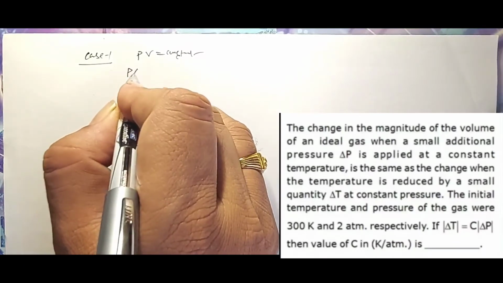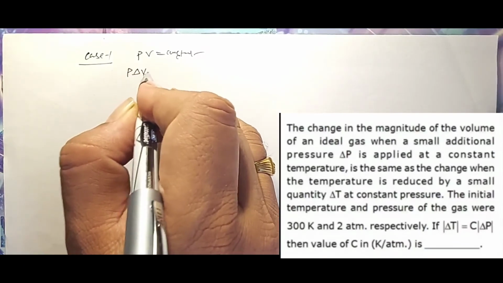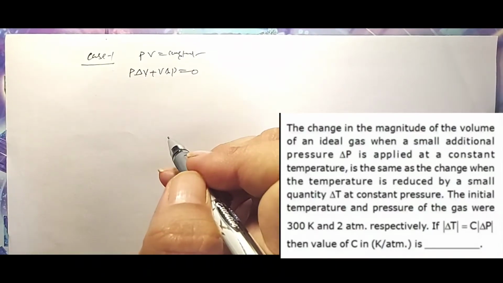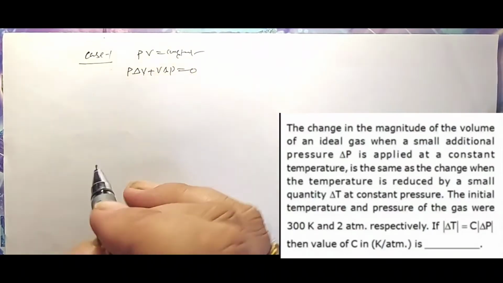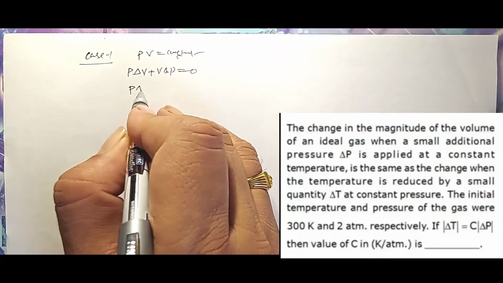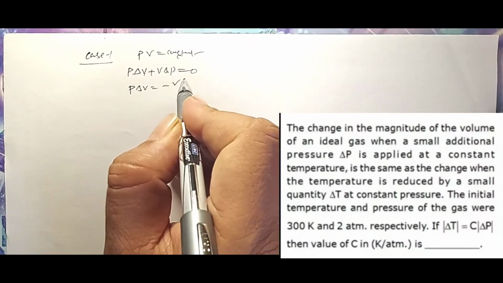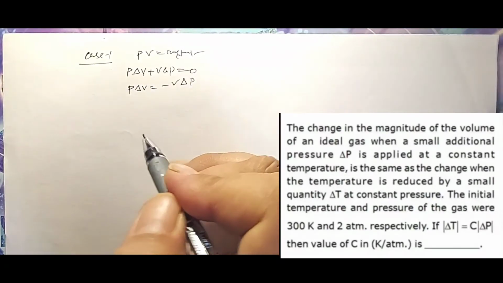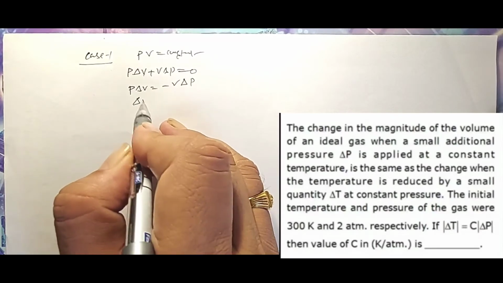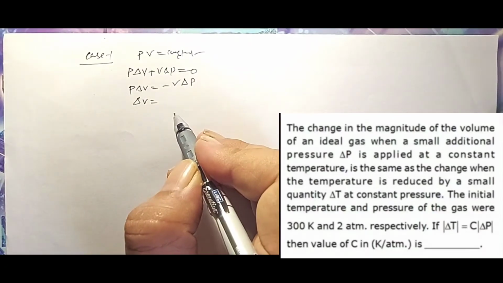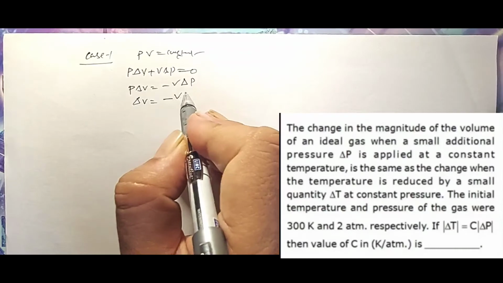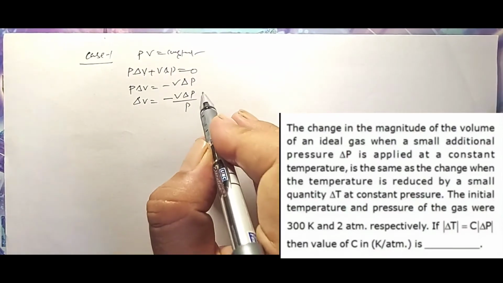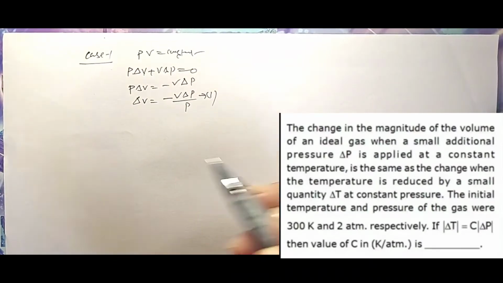Differentiating the equation, we get P into delta V plus V into delta P is equal to 0. So P into delta V is equal to minus V into delta P. Now delta V, the change in magnitude of volume, is equal to minus V into delta P by P. This equation is assumed as 1.